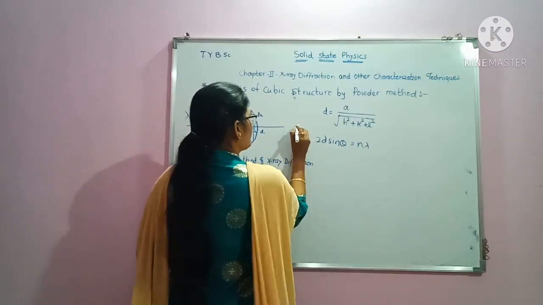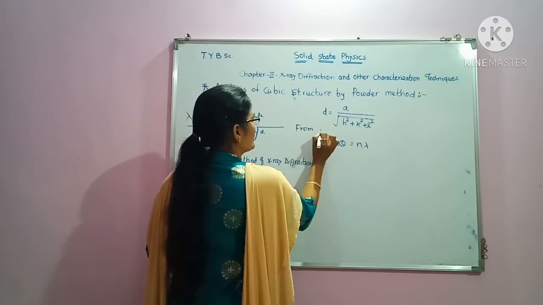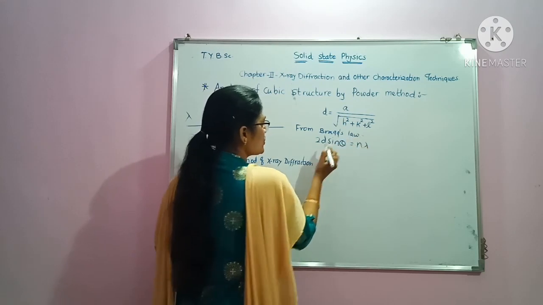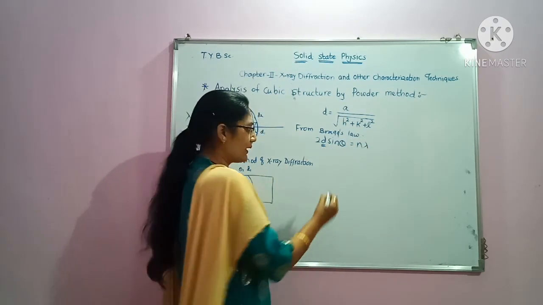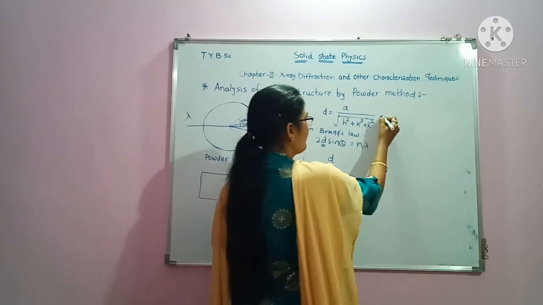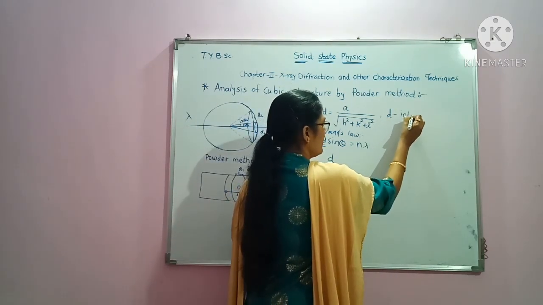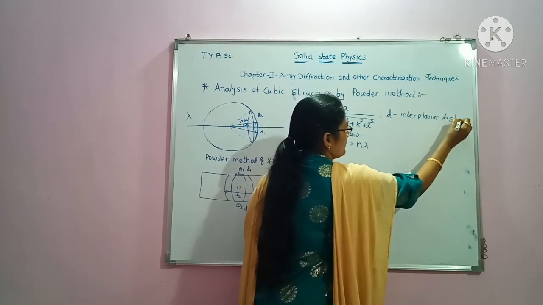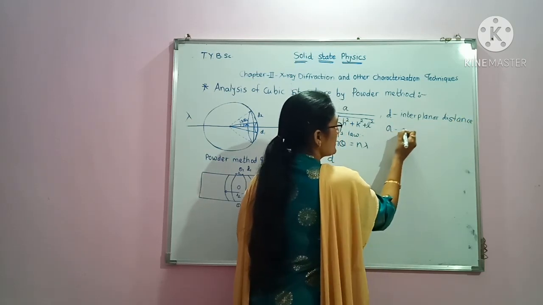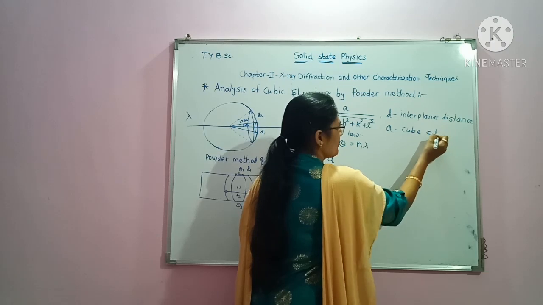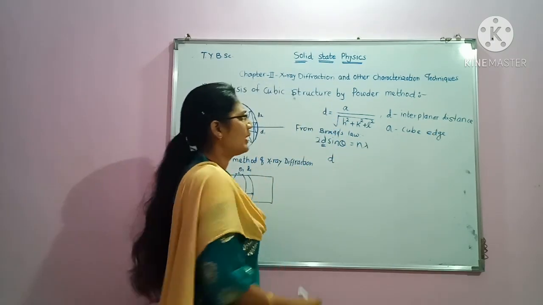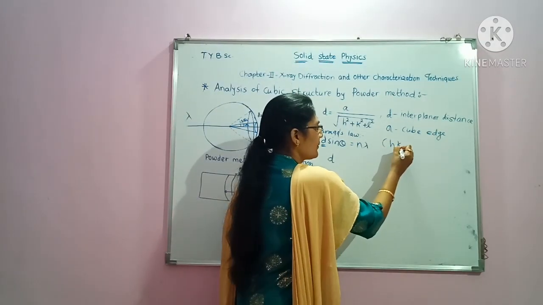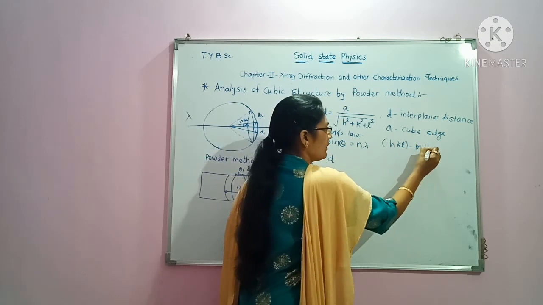From Bragg's law, here also we can obtain the value of d, that is interplanar distance. And what is a? a is nothing but the cube edge, because we have taken a cubic structure and this formula is for a cube, and h, k, l are nothing but the Miller indices.